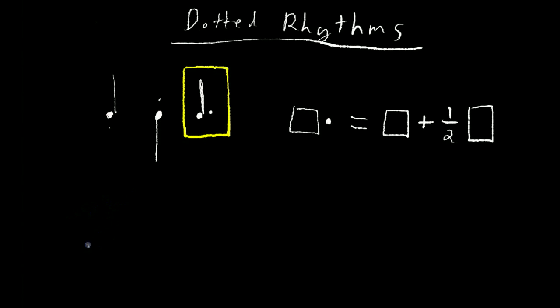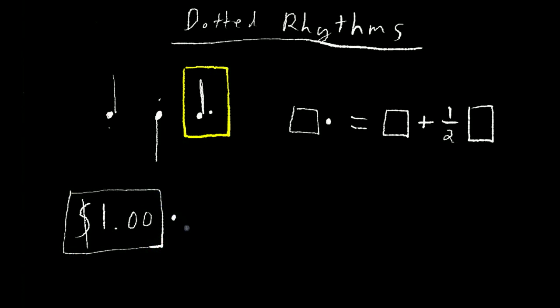So, say I have $1. Sorry about that, that's not a dollar sign. Okay, so say I have $1. But then I take this $1 and I put our rhythmic value dot next to it. Well, then what do I have? If I have that rhythmic value dot next to it, well, I still have my original dollar.